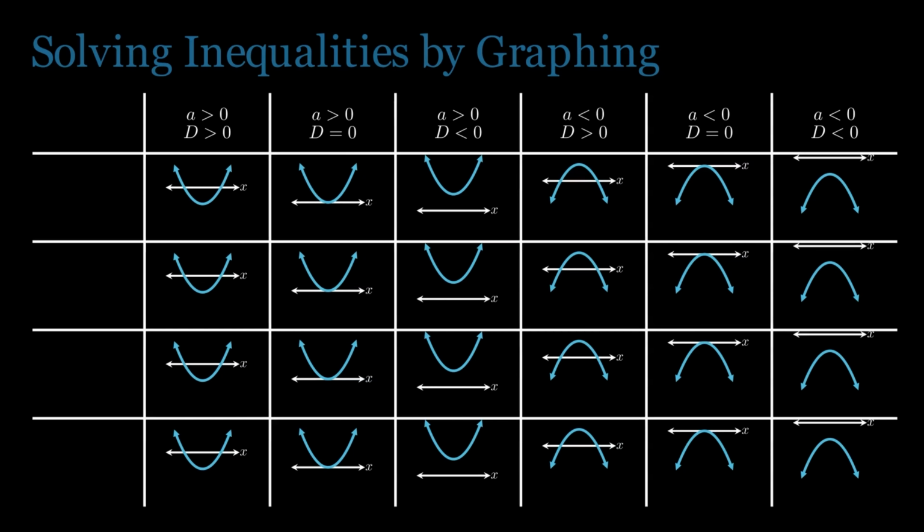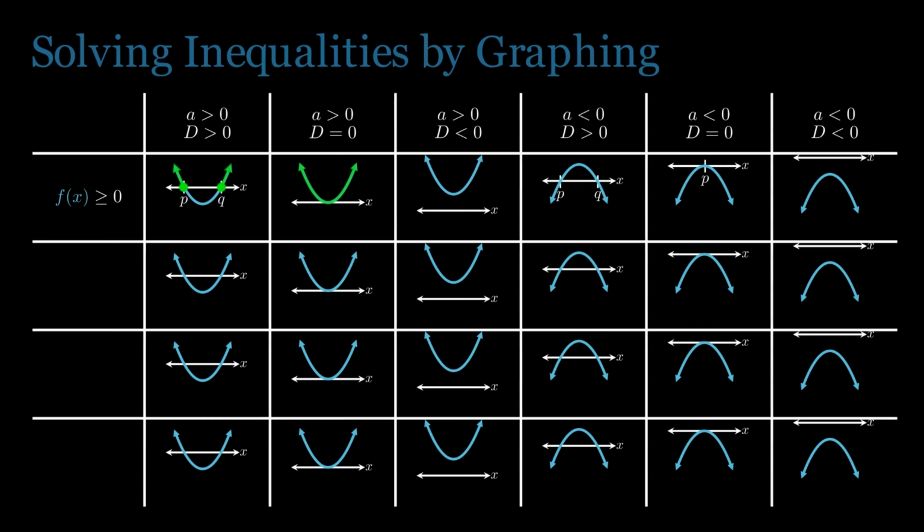Let's first consider the inequality f of x greater than or equal to 0. To remind you, that means that the graph, the blue parabola in our case, must be above or on the x-axis.